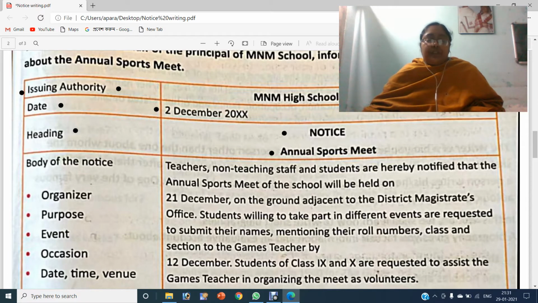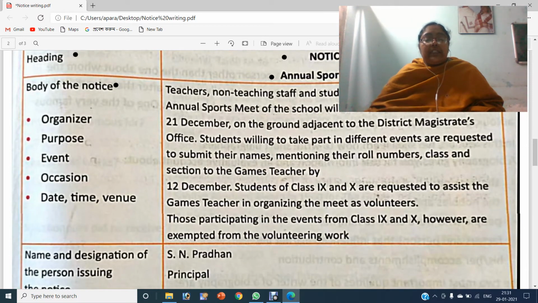Now the body of the notice. What does the body of the notice contain? Just see, I'll scroll it down a little. What does the body of the notice contain? The organizer who is organizing the event. Then next is the purpose of the event.